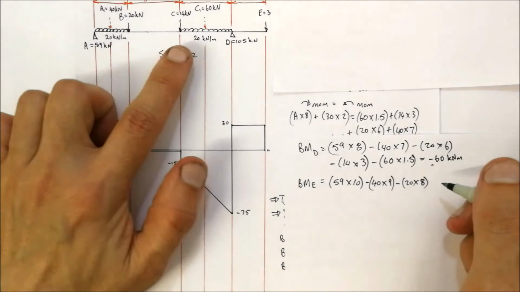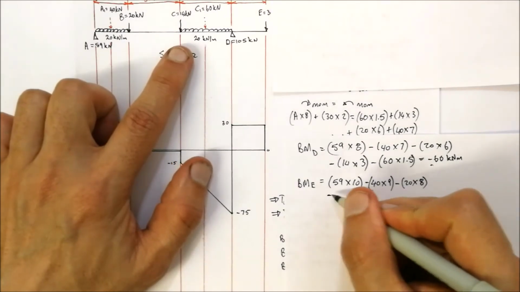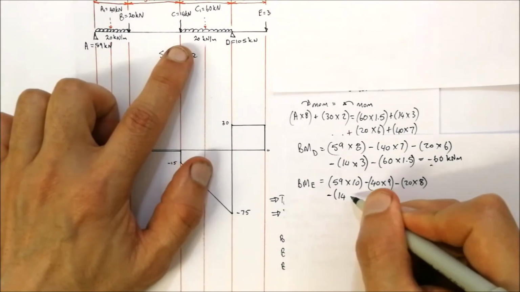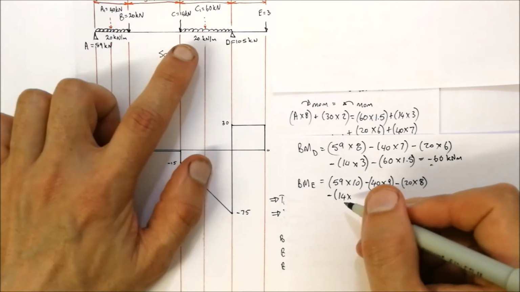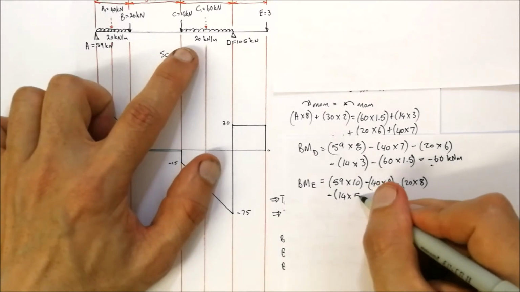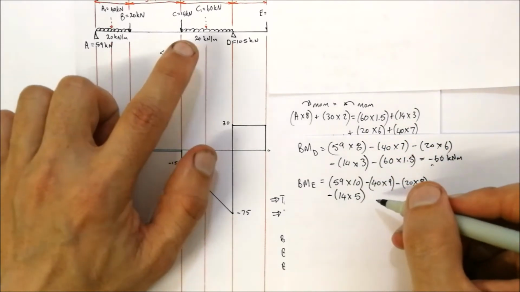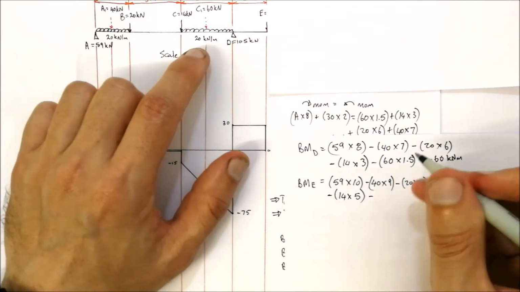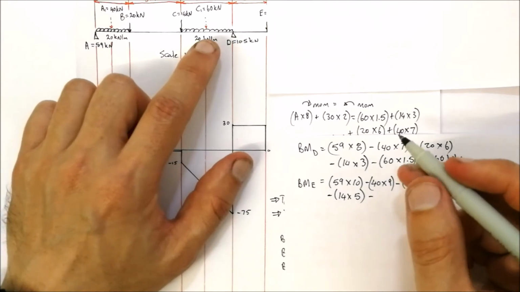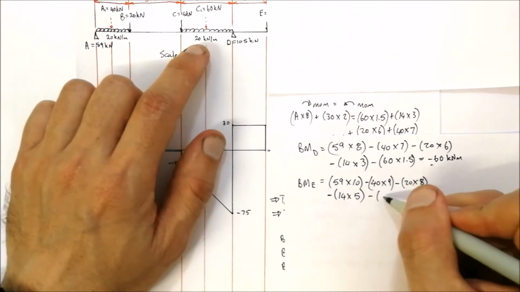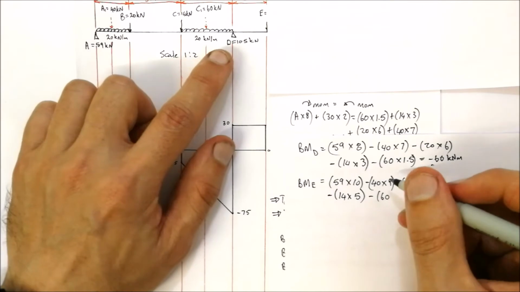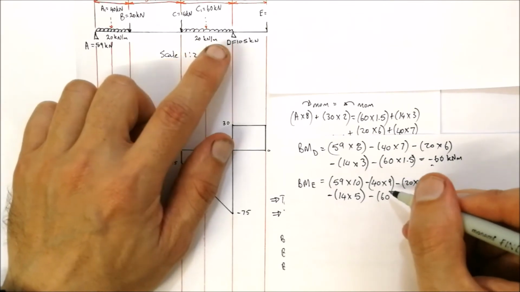Then we go across and we see the next one is C. So minus 14 kilonewtons, and the distance from C to E is 5 meters. Then we've got C1 that we need to subtract, so that is 60 kilonewtons, and that's a distance of 3.5 meters away.